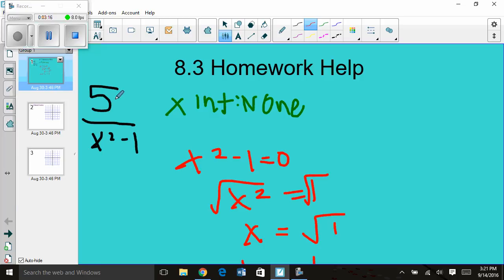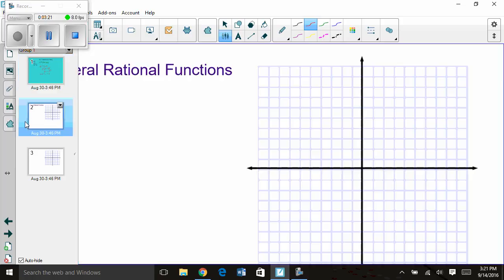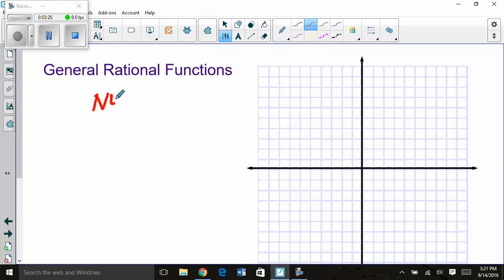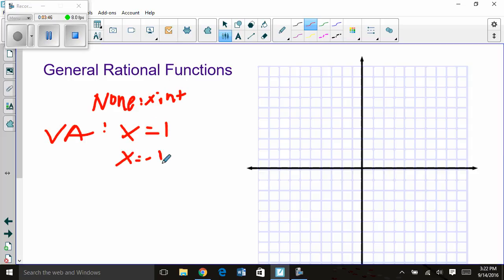So this brings me to how our graph would look. Let's go to a graph really quick. We had no x-intercept, and we had our vertical asymptotes at x equals 1 and x equals negative 1.